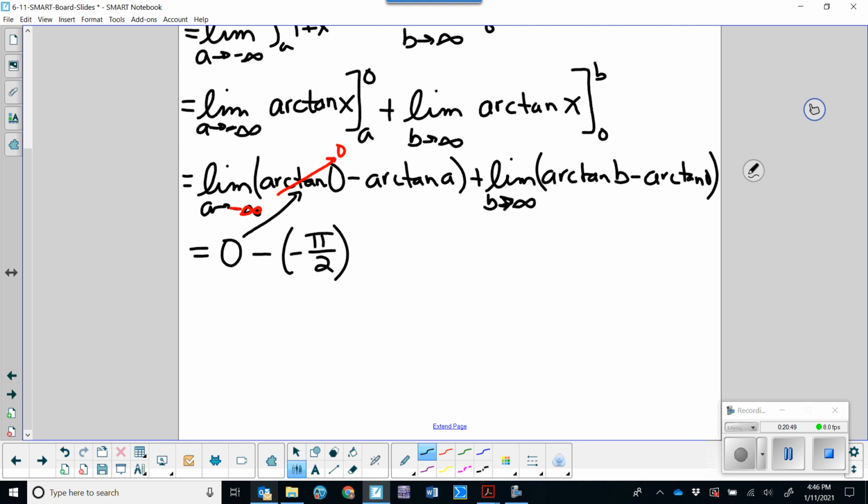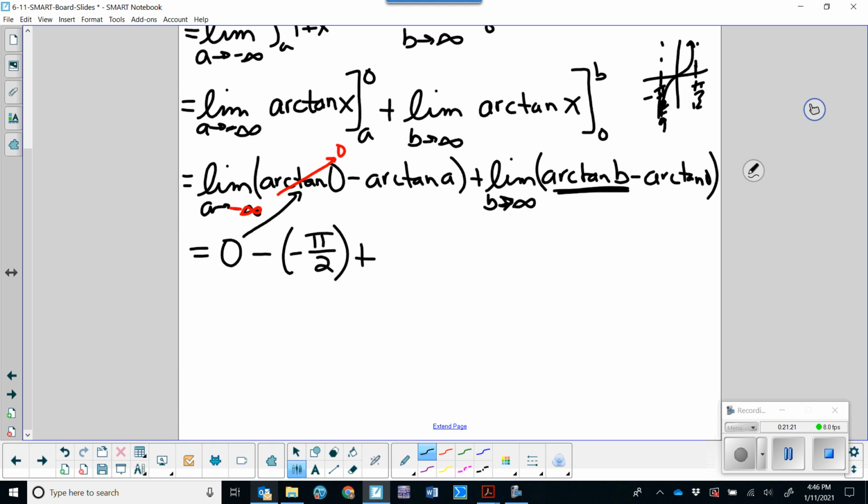Again, this is the reason that knowing your graphs is really, really important, okay? Because we remember that tangent goes from negative pi over 2 to pi over 2. We have asymptotes there, and it looks like this. So as we go to minus infinity, the angle is negative pi over 2, plus, we're going to do the same thing here. So arctangent of b, well, b is going to infinity.